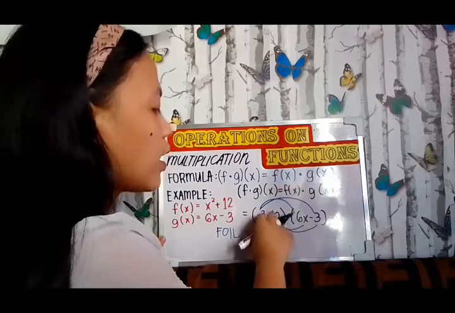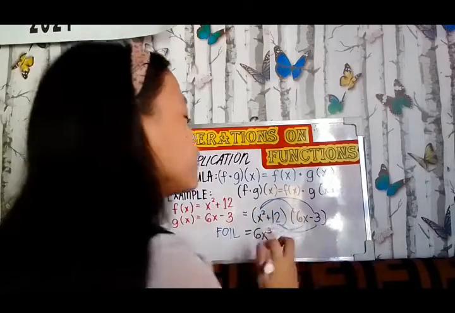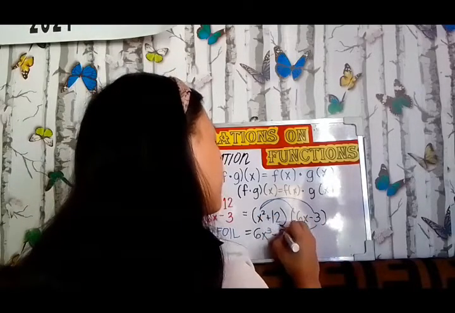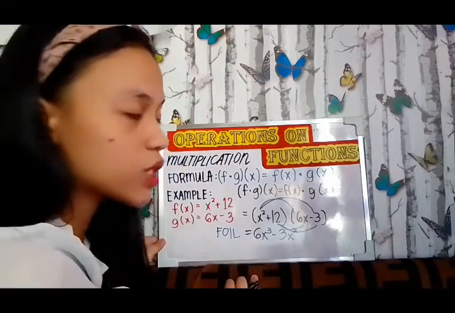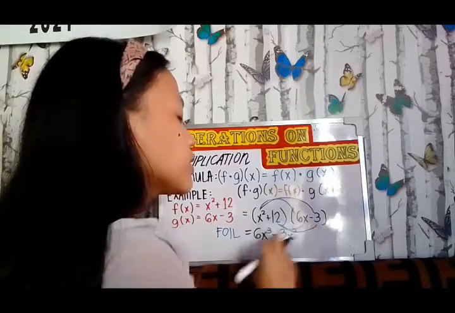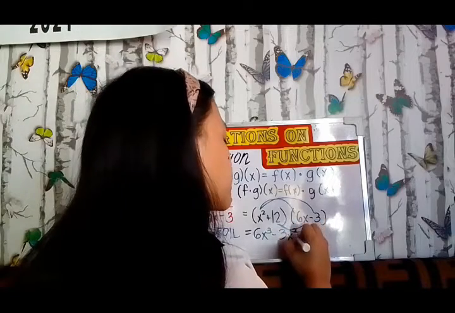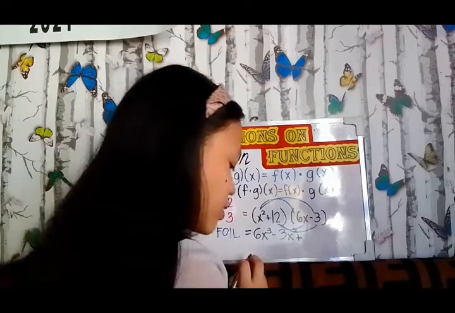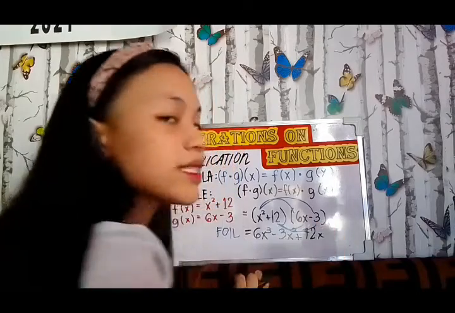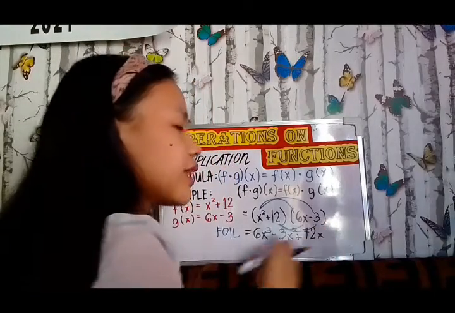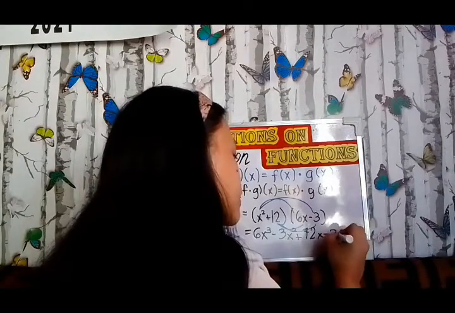Then x squared times negative 3 is negative 3x squared. For the next one, 12 times 6x is positive 72x. Lastly, 12 times negative 3 is negative 36.